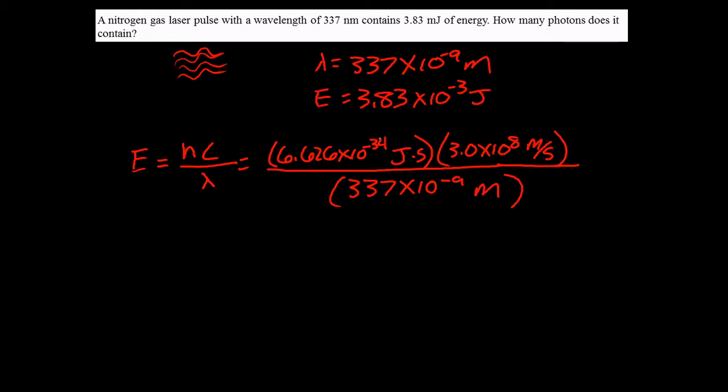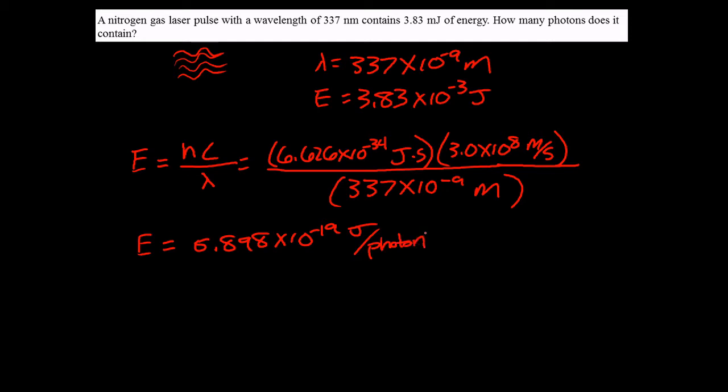So, really big numbers and really tiny numbers. If we do all the math here, 6.626 times 10 to the negative 34 times 3 times 10 to the 8 divided by 337 times 10 to the negative 9, that tells us that the energy of one photon is, well, with sig figs it'd be 5.90, but we'll go ahead and do 5.9898 times 10 to the negative 19 joules per photon.